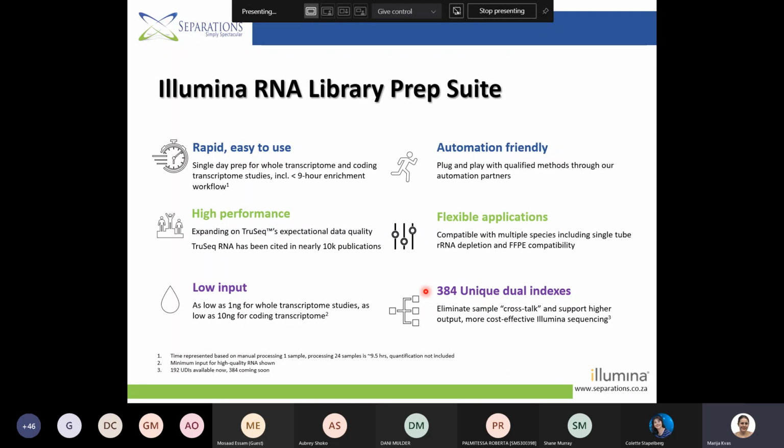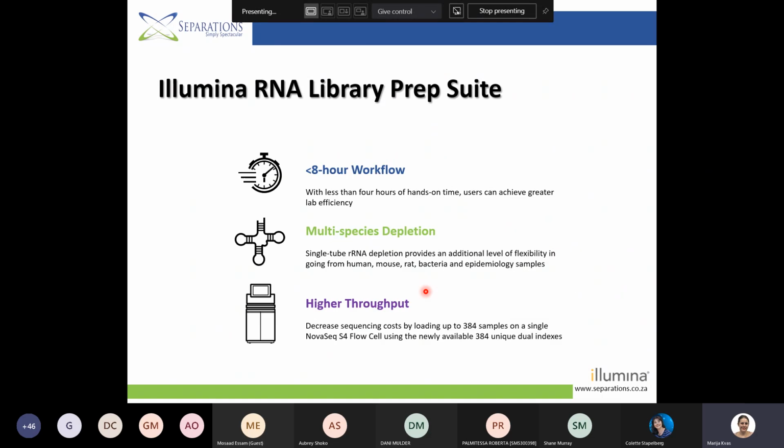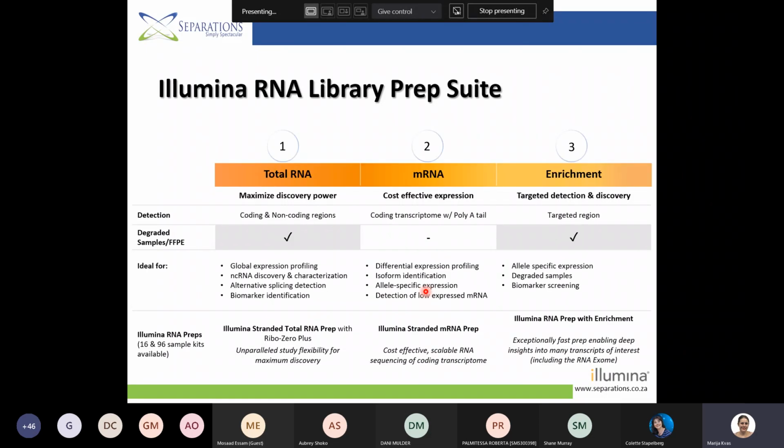If we can load more samples onto one flow cell, then it becomes cheaper per sample, and it's all about being cost effective. And like I mentioned, this workflow is much quicker, we have multiple species for our RNA depletion, and we can get much higher throughput, depending on the instrument that we have.